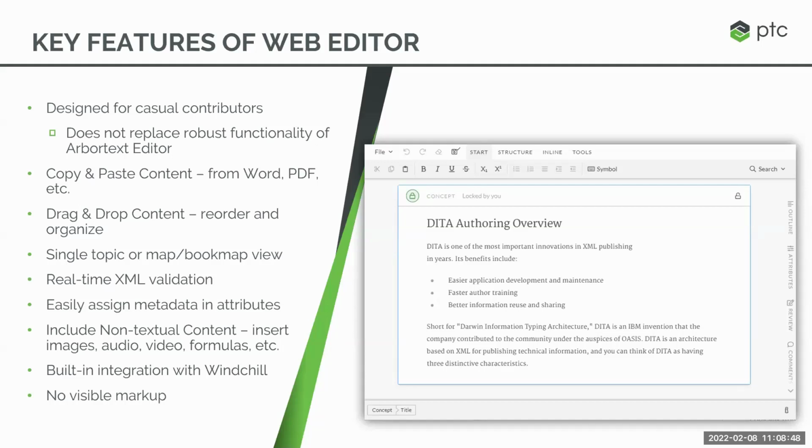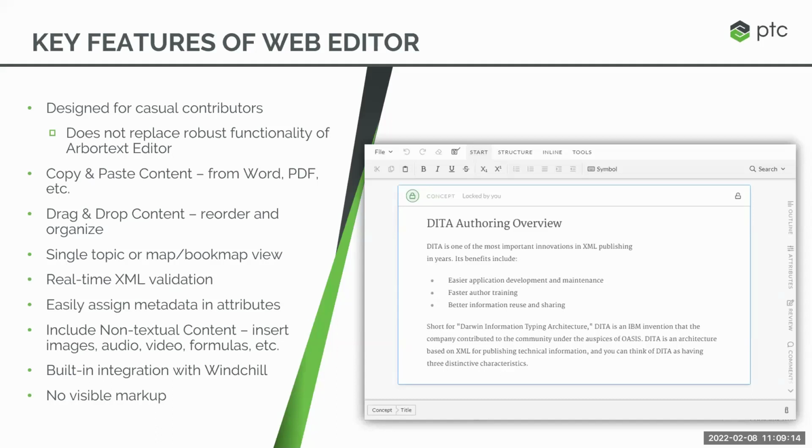As I mentioned, it does support a map or bookmap view. It has real-time XML validation. You're always dealing with valid XML. It does have the ability to assign attribute values, and that is configurable as far as which attributes are able to be assigned.